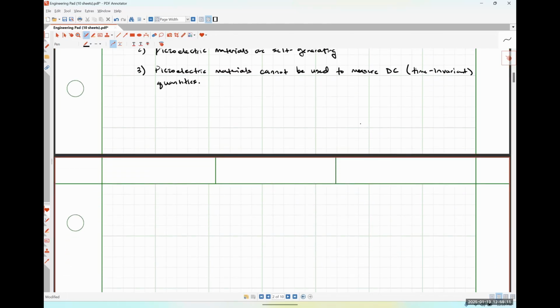So mathematically, the piezoelectric effect, let me write this out, is described as follows, okay?